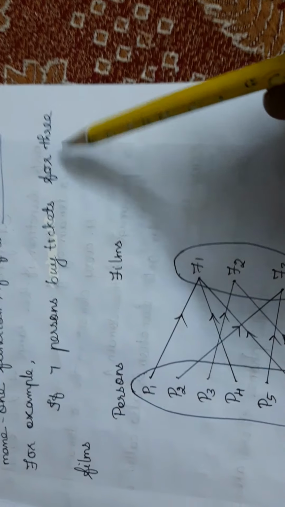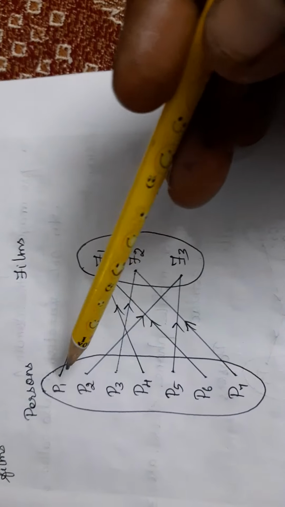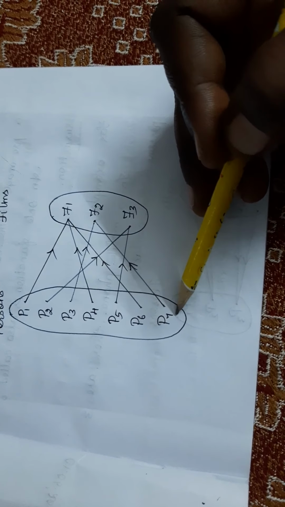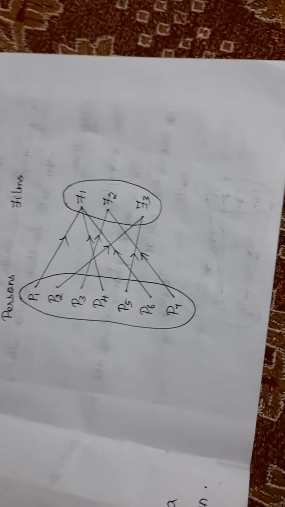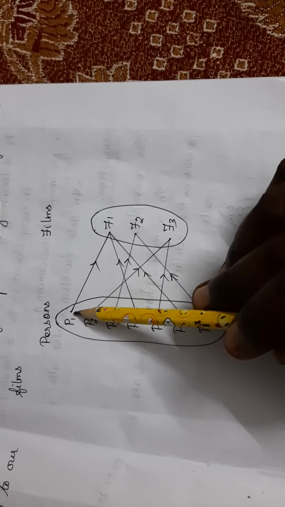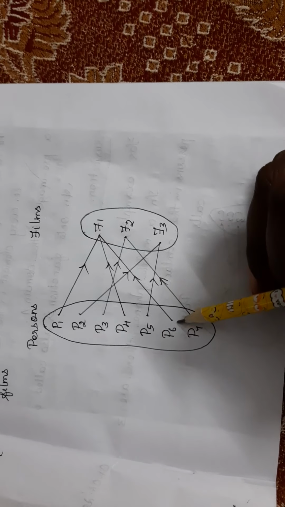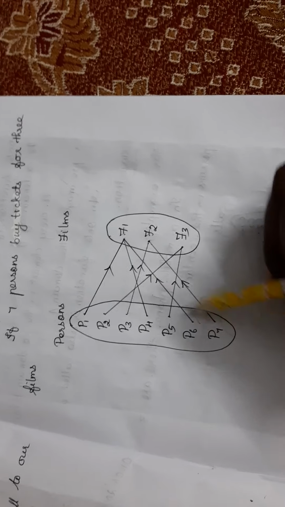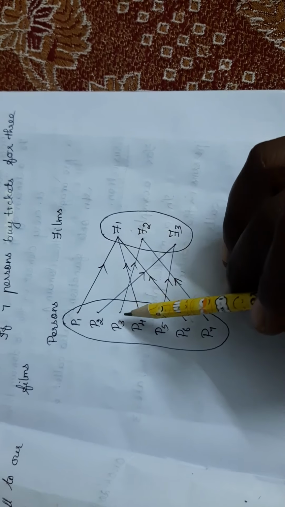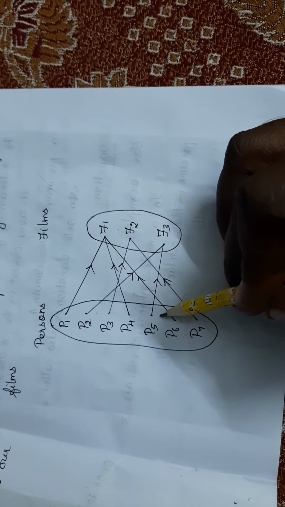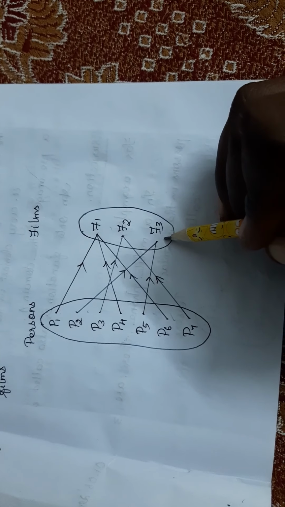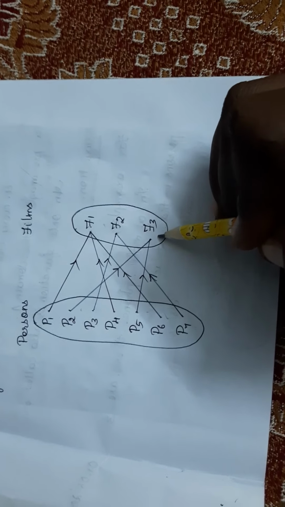For example, if 7 persons buy tickets for 3 films, the person names are P1, P2, P3, P4, P5, P6, P7. Films are F1, F2, F3. Now, P1, P4, P6 bought the ticket for film F1. P2 and P5 bought the ticket for film F3.